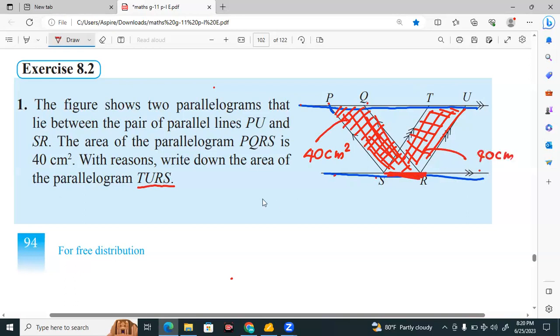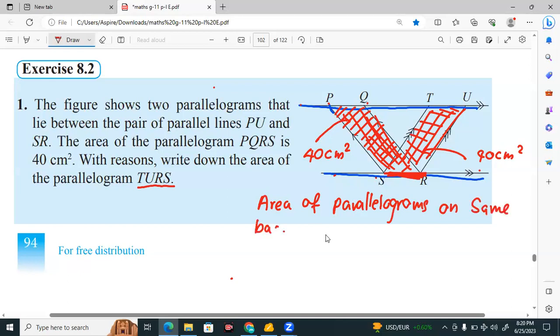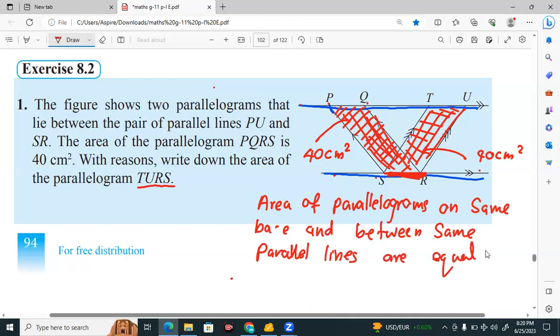Then what is the reason? Area of parallelograms on the same base and between the same parallel lines are equal in area.